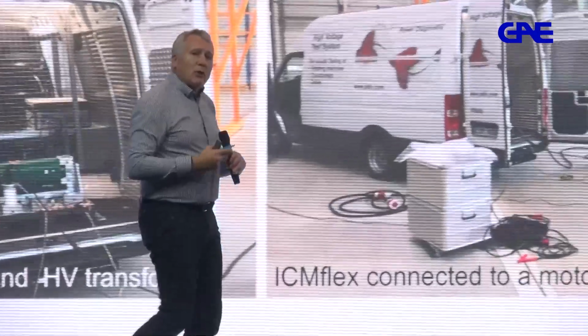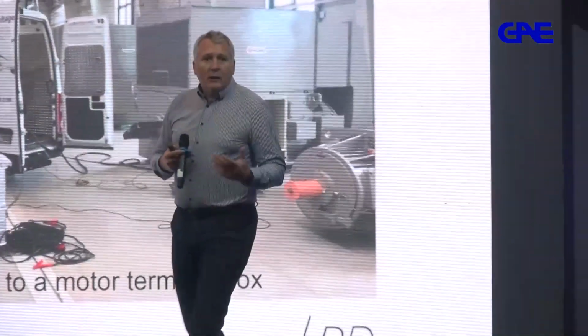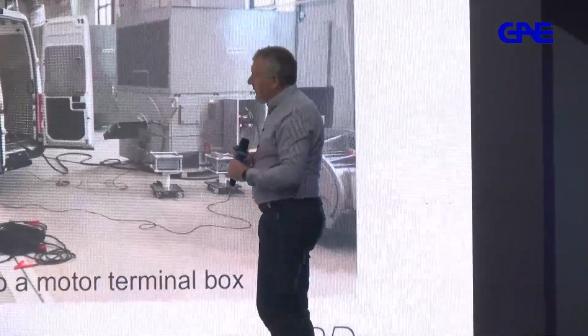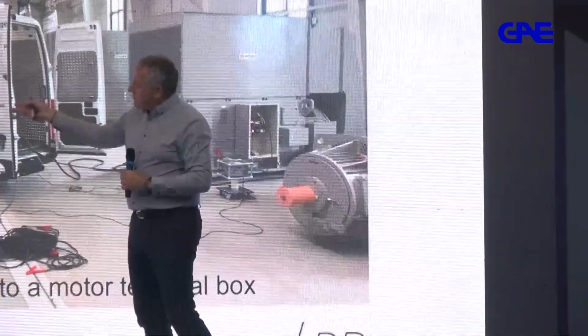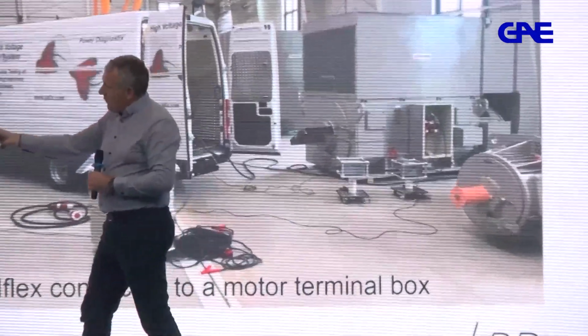So here I'm also showing when somebody wants to use the same equipment to do rotating machine testing. You can see one of our test vans that basically is used to host the equipment. We can have a step-up transformer here.